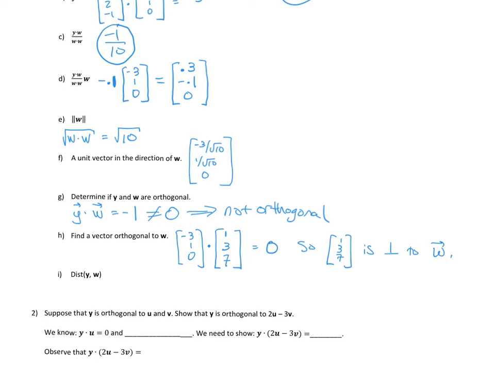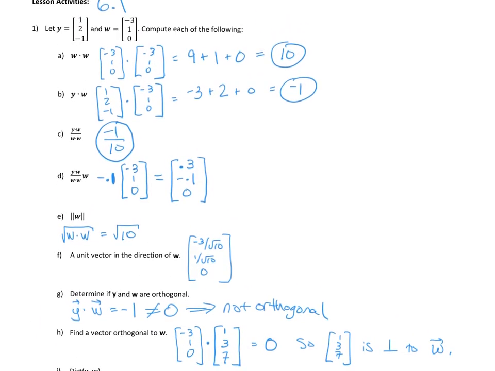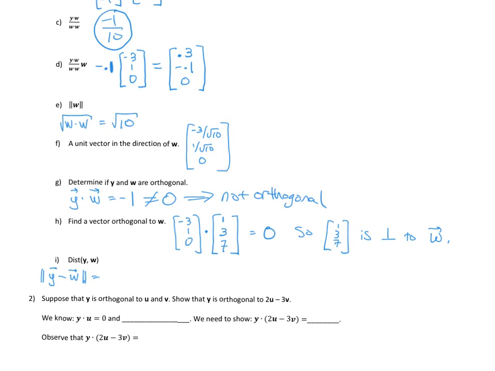Find the distance from Y to W. So we subtract the two vectors and then find the length. So we would do the length of Y minus W. Okay, so Y is 1, 2, -1, minus -3, 1, 0.